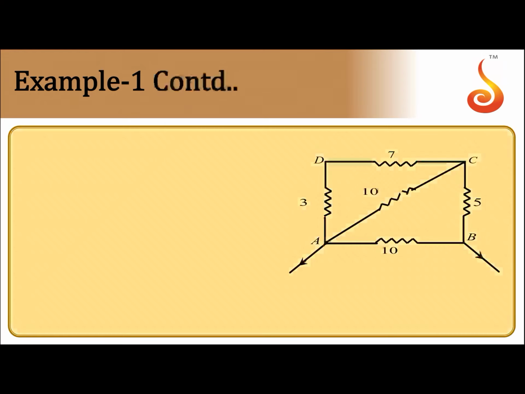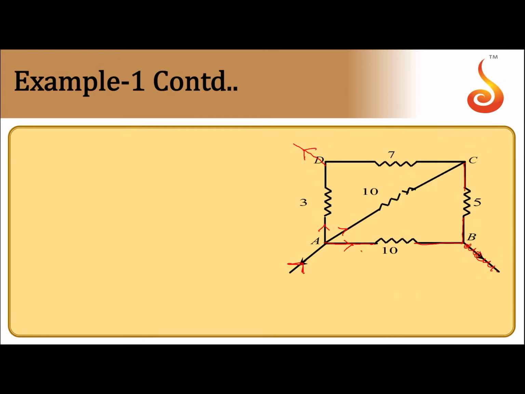Then we need to find between A and D. So, if it is A and D, then this connection, let us take it here. So, let us say current enters from A and leaves at D. Now, again when it enters at A, it splits into 3 parts. One part which goes through this 10 ohm, same goes through 5.